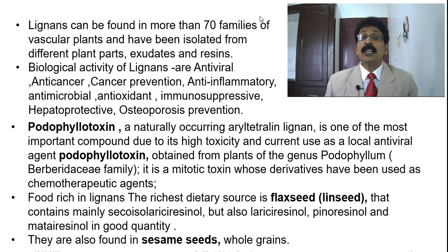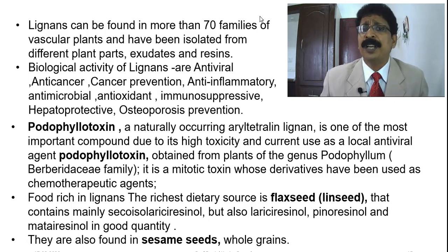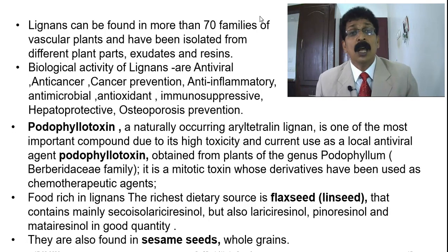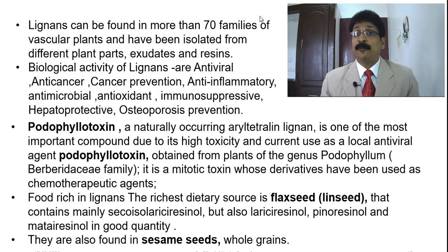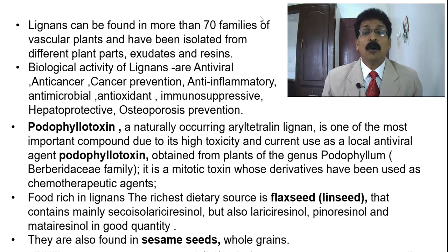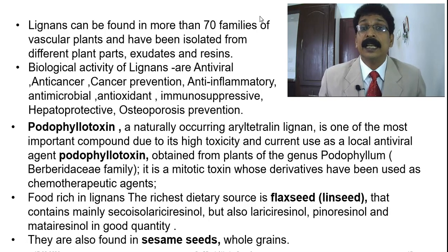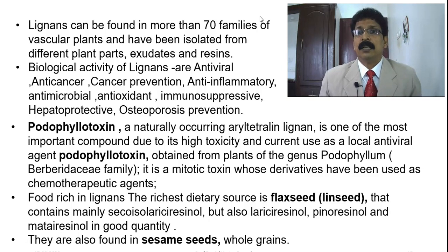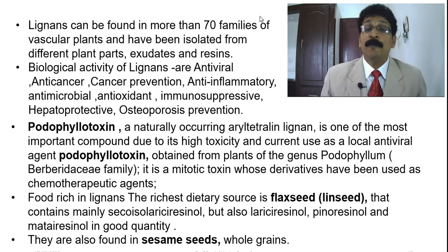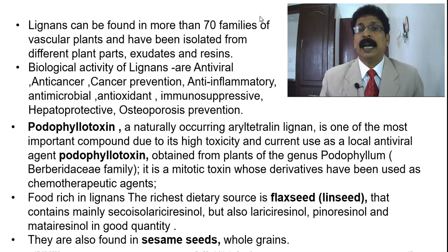Now we are coming to an example. Podophyllotoxin. We are not going through all examples, only three as examples. Podophyllotoxin is a naturally occurring aryl tetralin lignan, one of the most important compounds due to its high toxicity and current use as a local antiviral agent.